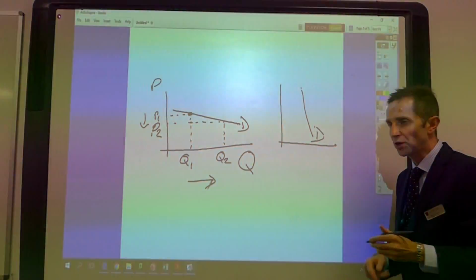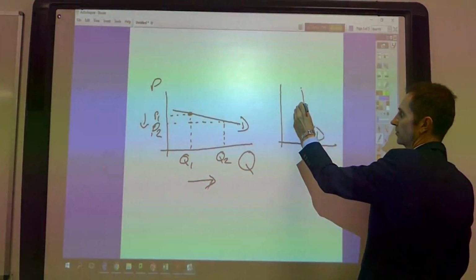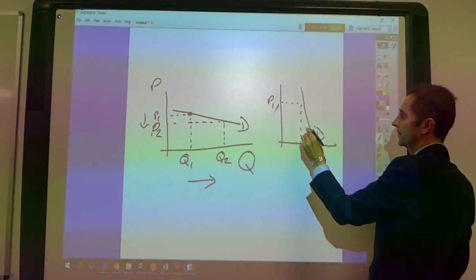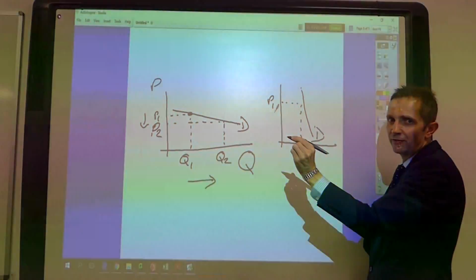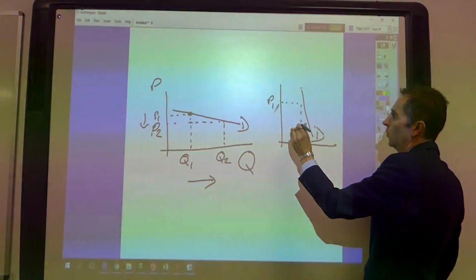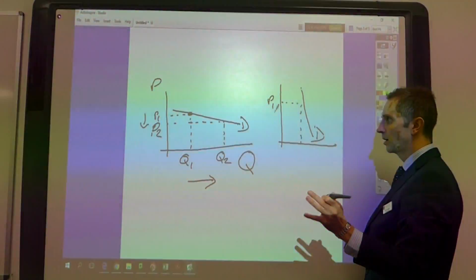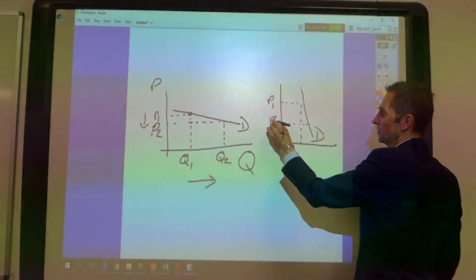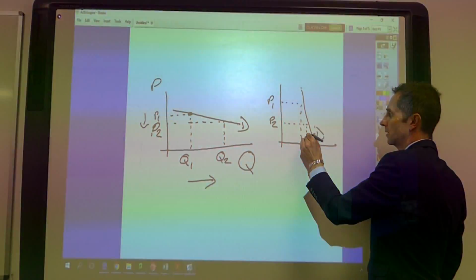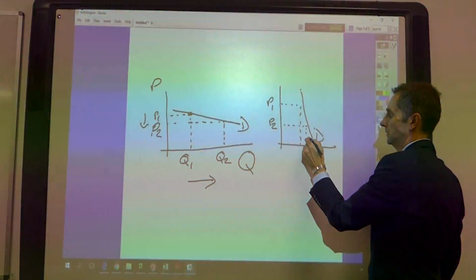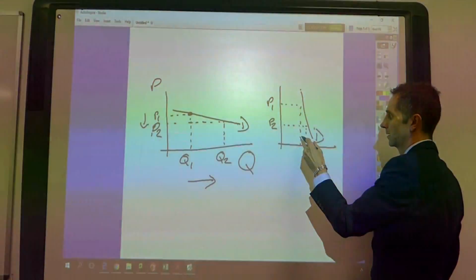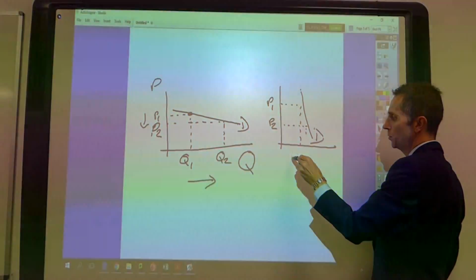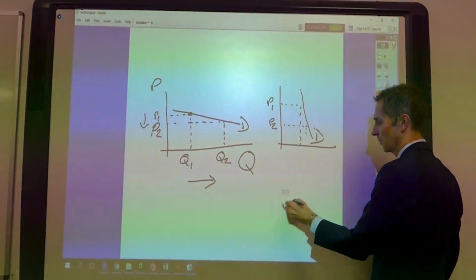Let's just double check on the inelastic demand curve. So, if price falls from P1, what's going to happen? Is revenue going to rise or is it going to fall? Well, if we take this down to P2, for example, P1 times Q1, sorry ladies and gentlemen, this pen is not working properly.